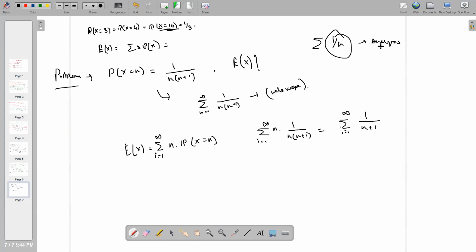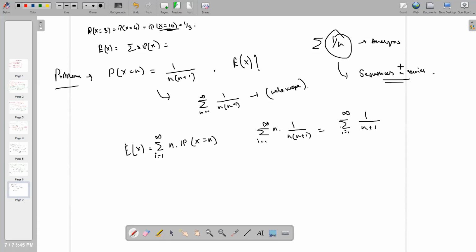Okay, so before next class, just check sequences and series a bit, because the convergence that you learn there would be used here in order to prove convergence in distribution.